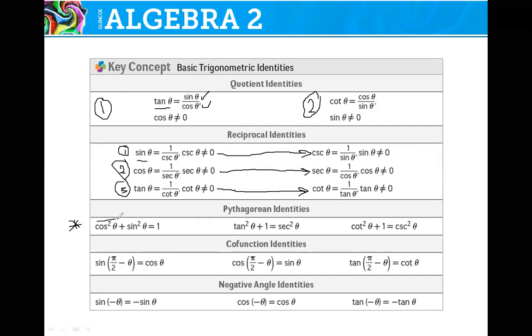So cosine square plus sine square is equal to 1, related to the unit circle. You can go to the unit circle and remember this part.